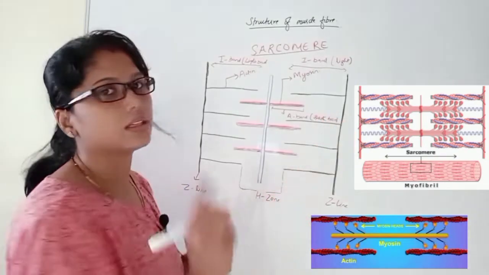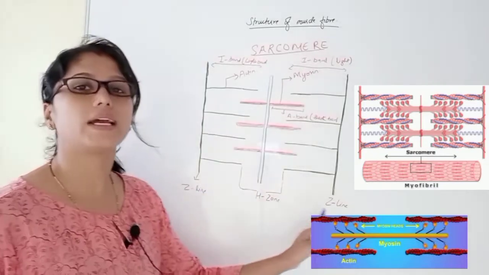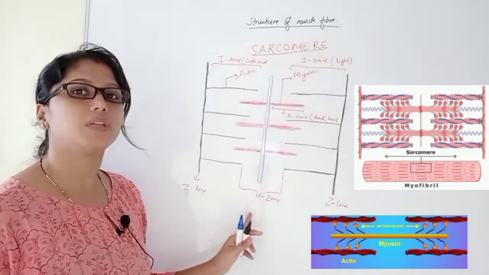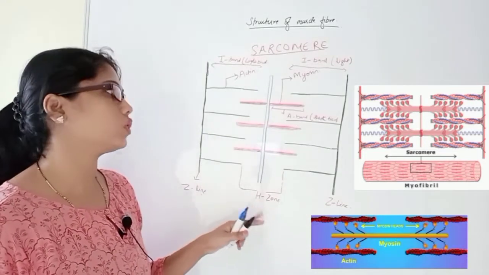So the single unit of sarcomere consists of two Z lines, and in the middle of the dark band the area here is called the H zone, okay.